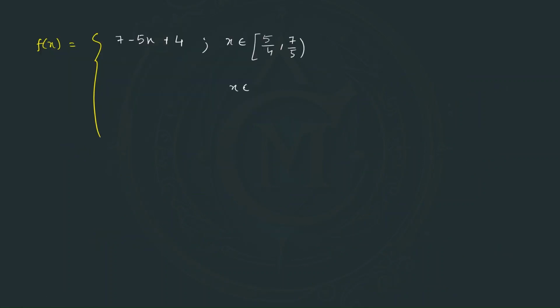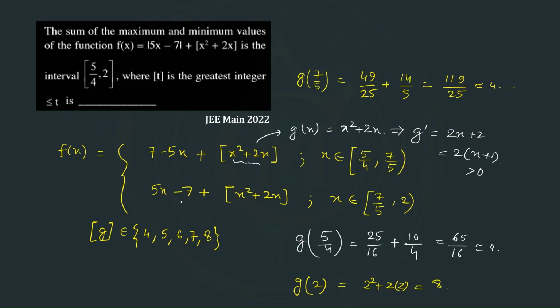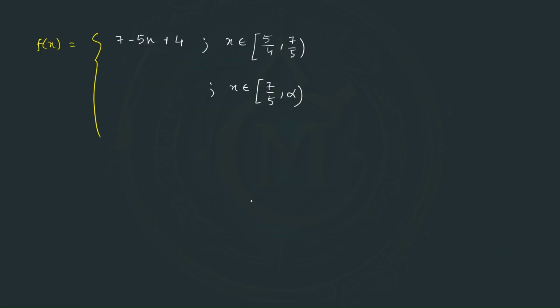So when x belongs to closed 7/5 to, let's say, x equal to alpha, then we have 5x minus 7 plus this greatest integer, which will be 4. So 5x minus 7 plus 4. And then similarly, for x belonging to alpha to, let's say, beta, this will be 5x minus 7 plus 5, and so on until x belongs to, let's say, some k to 2.